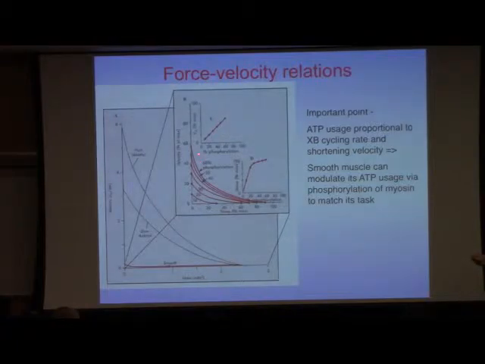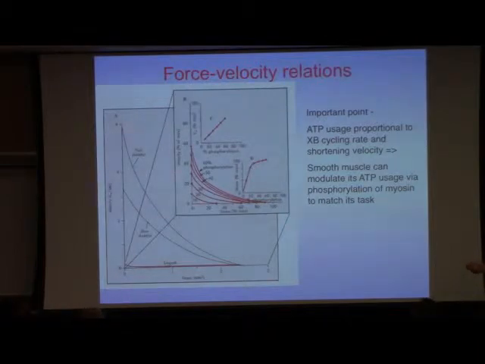And then this is showing percent phosphorylation, so how much we activated it. And then this is showing that V0, the unloaded shortening velocity, grows sort of linearly with phosphorylation level. And then we're showing that stress, force, is not linear, it's curvilinear, but you can see how, as you change phosphorylation level, you can modulate force.